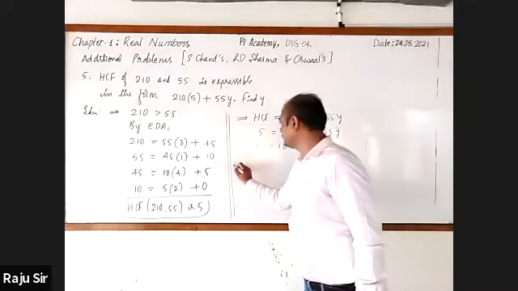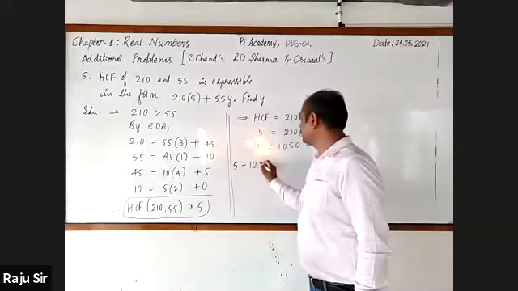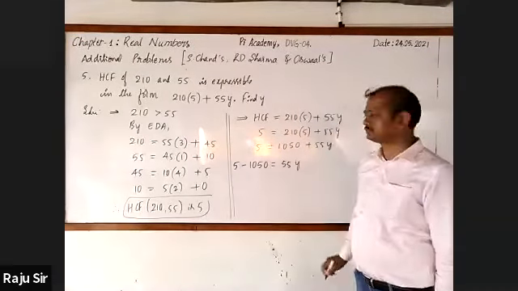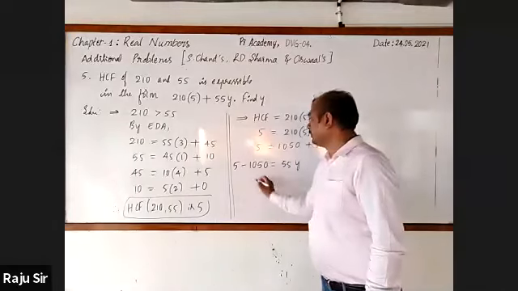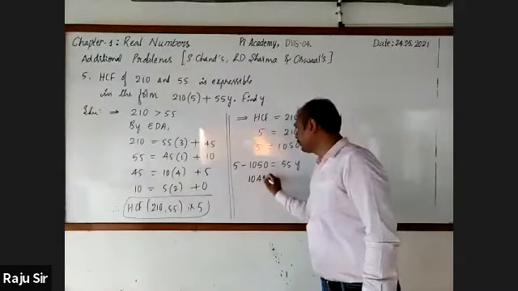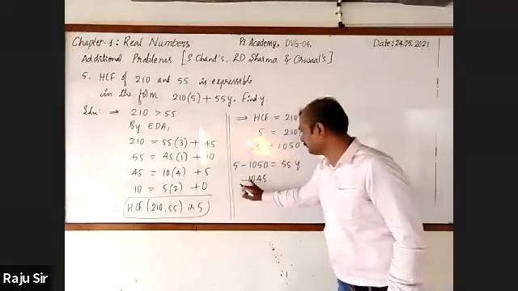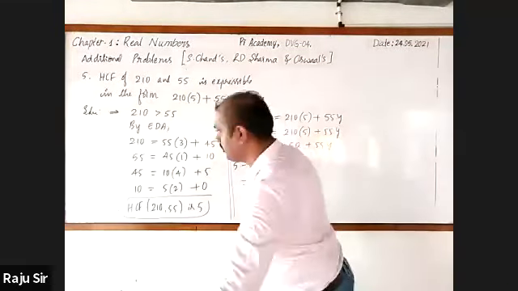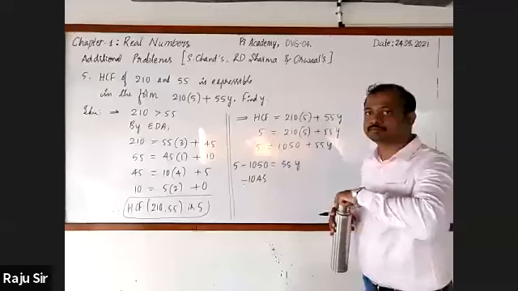Transfer that to the left hand side. 5 minus 1050 is equal to 55y. You'll get minus 1045. Have you got the same? Yes, sir.